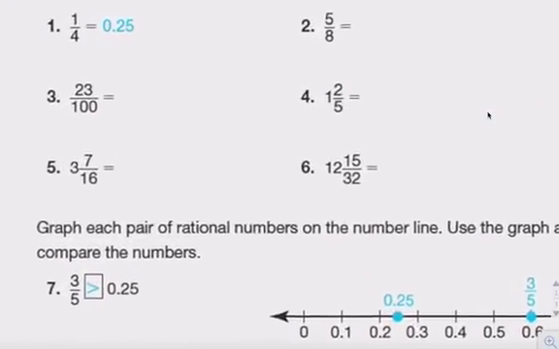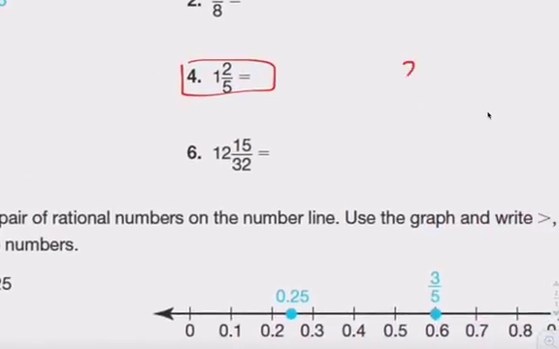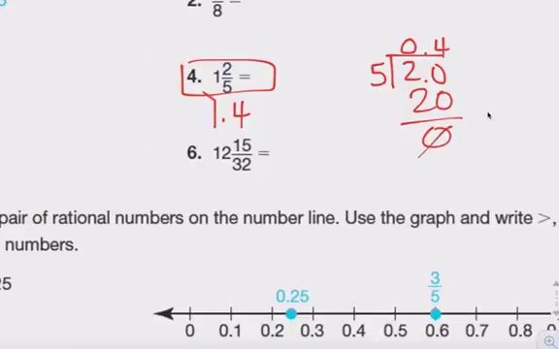And then this problem, the same thing. Let's divide this. You choose one of them to divide. I'm going to choose number 4. 2 divided by 5. Put dot, 0, 4. 0. So 0.4. 0 remainder, I can stop.